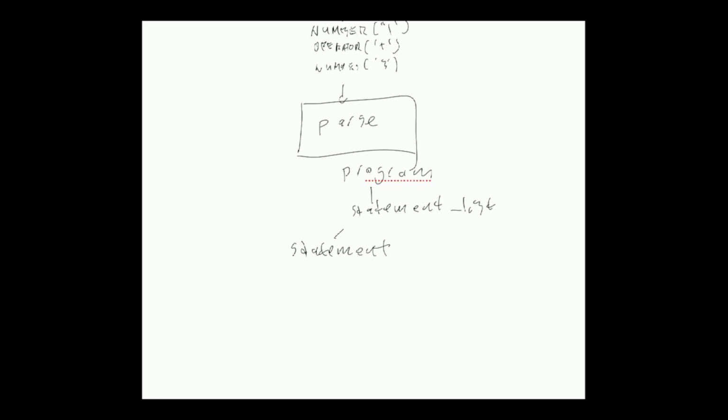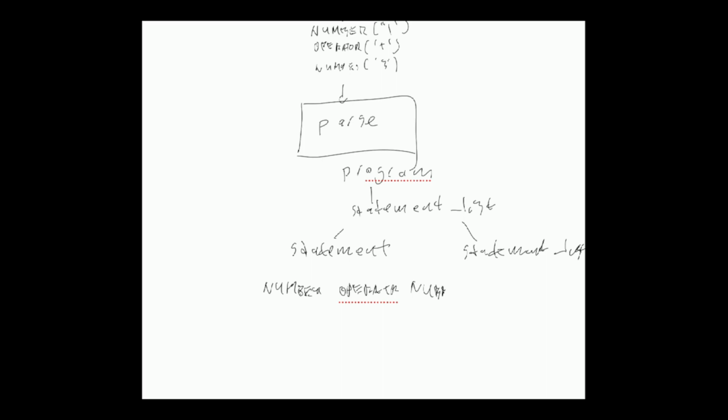and a statement list consists of a statement followed by a statement list, and a statement consists of a number, an operator, and a number. Oh, sorry, actually it's expression. I forgot expression.